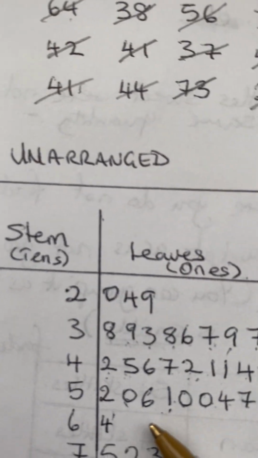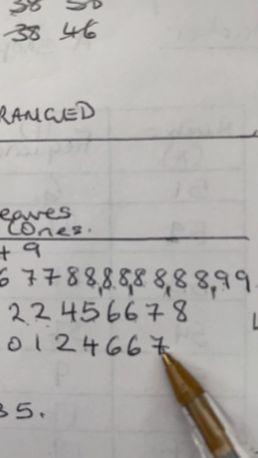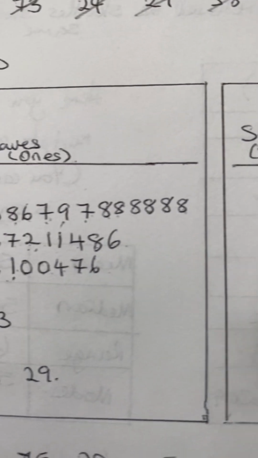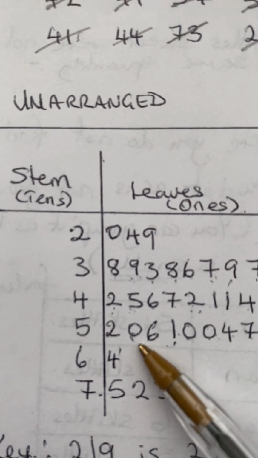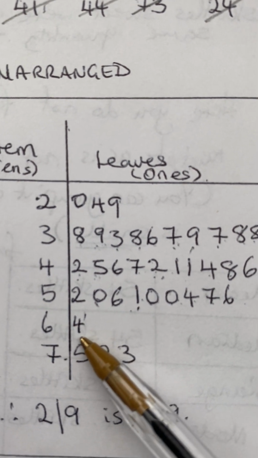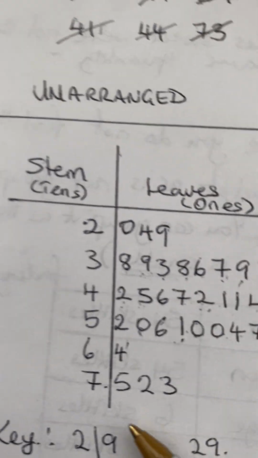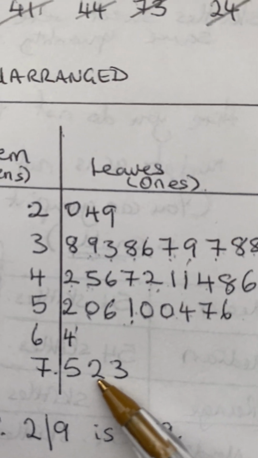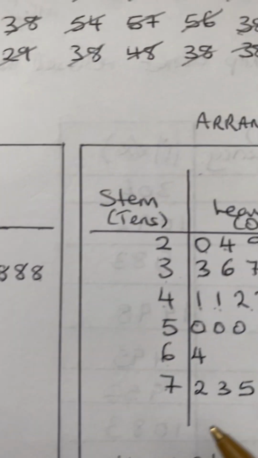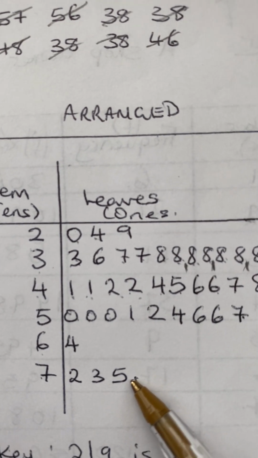I have 2 6s, so 2 of my 6s and 7. Now in the 60 column I have only 64, so I repeat that. In the 7 column I have 2, 3 and 5, so 2, 3 and 5.